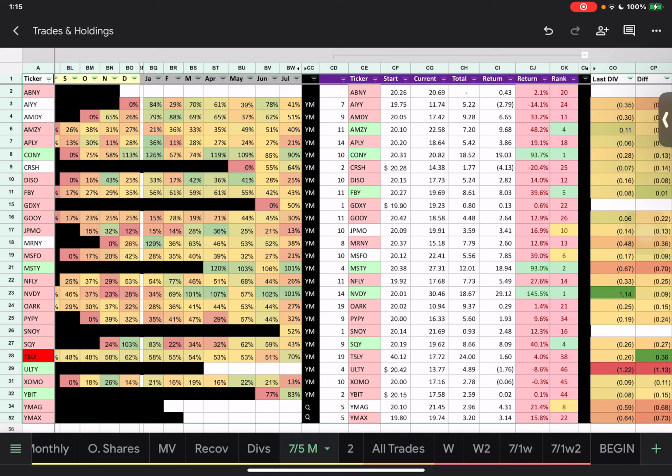And let's see, I should have this up on my computer. I think the next one are the total distributions. Yeah, total distributions paid. So in this case, it was $5.22. And then it does our total return for us here. And we're looking at negative $2.79 for AIYY, which the return at this point is negative 14%, and it's ranking 24 out of these.